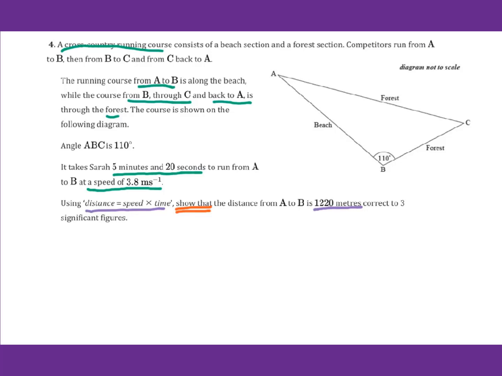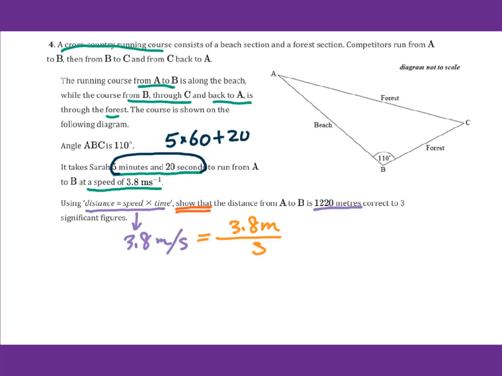So we have speed, that's 3.8 meters a second. Let's use a division line, 3.8 meters in a second. For the time, you have to change into seconds. 5 minutes, that means 300 seconds.